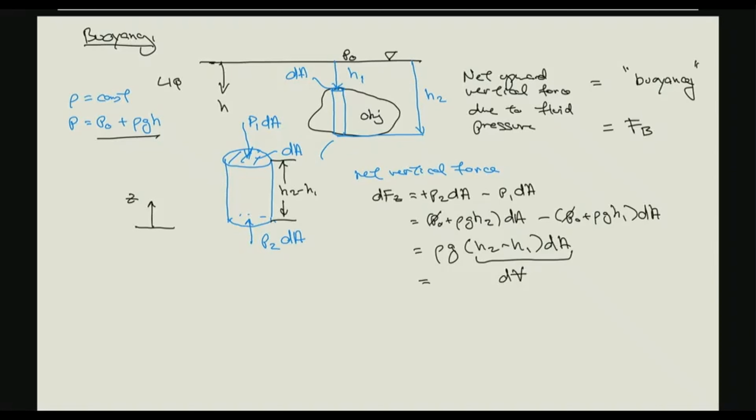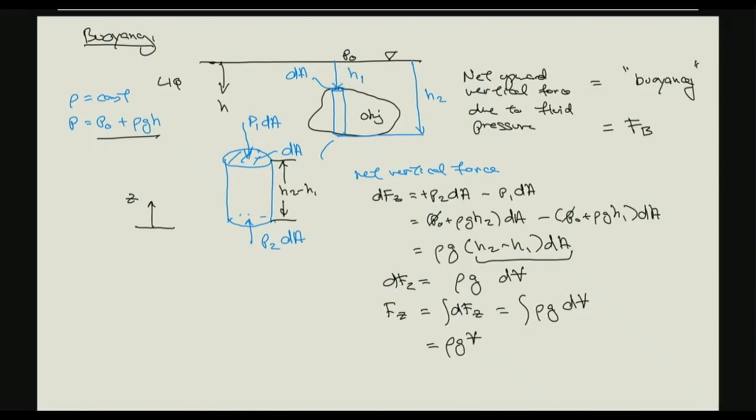This is a differential volume of our element. So to get the net vertical force associated with this pressure variation acting over the object, we just integrate dFz, which is the integral of rho g dV. Then, since we're assuming rho and g are constant, this is just going to be rho g V.